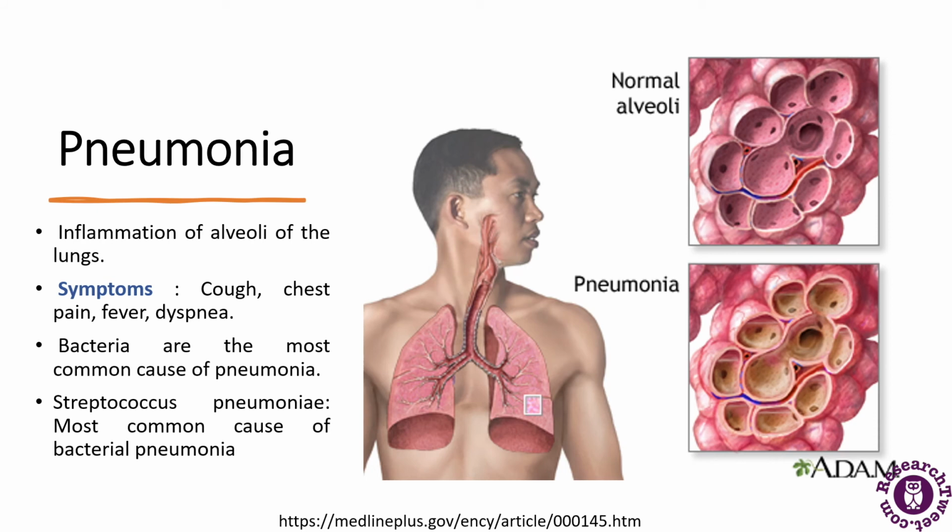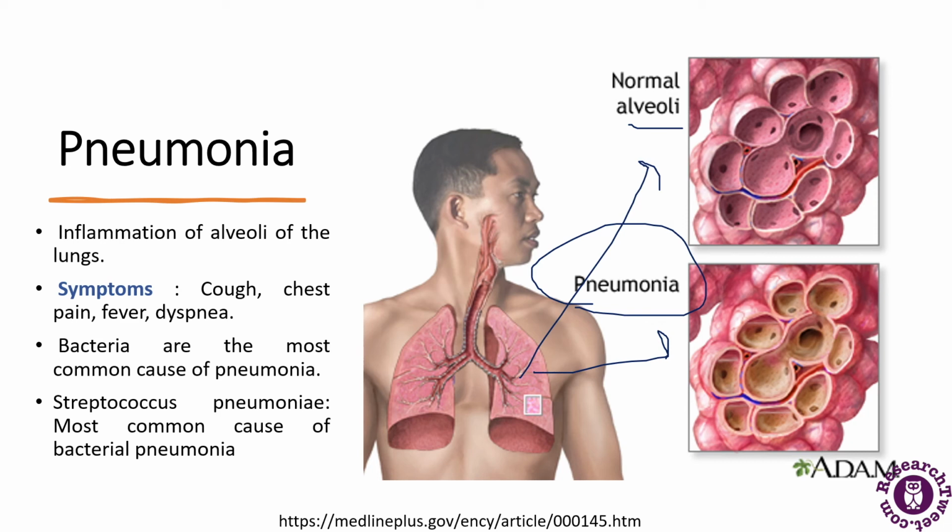Pneumonia. Pneumonia is an inflammation of the alveoli of the lungs. Here is a diagrammatic representation, and a magnified view of both the normal alveoli and how pneumonia looks. This is a normal alveoli, and in case of pneumonia, there is an inflammation of the alveoli of the lung.